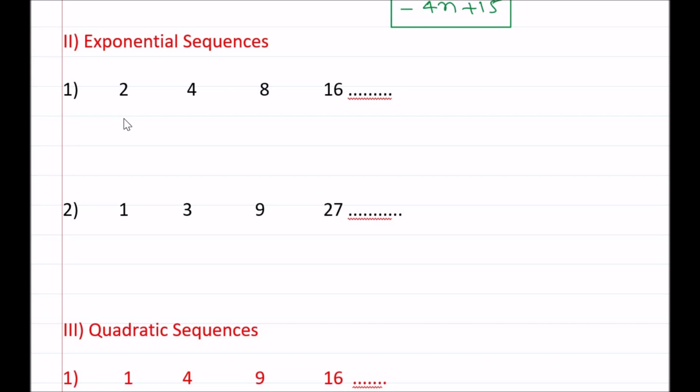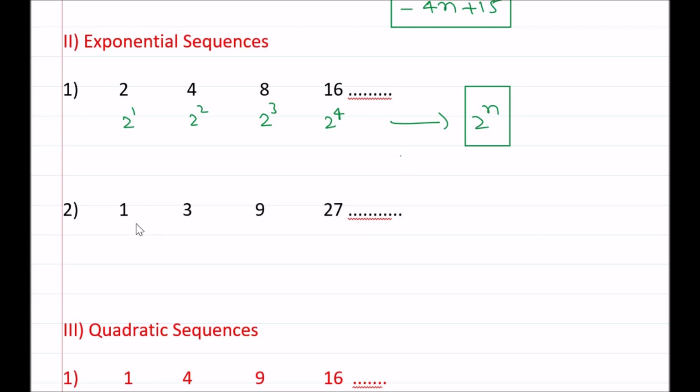Can we write 2 is 2 power 1, 4 means 2 power 2, 8 is 2 power 3, 16 is 2 power 4. So nth term will be given by 2 to the power n. Very clear, very simple.